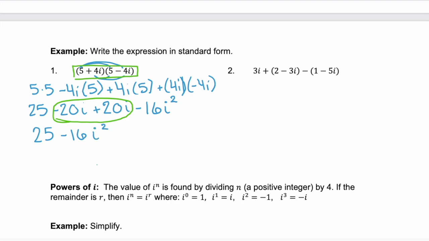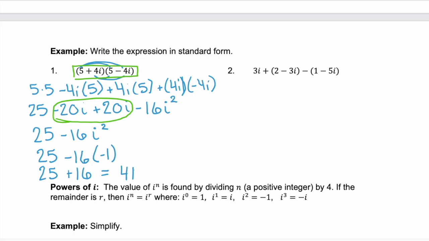But we need to simplify that i squared, right? i squared is the same as a negative 1. So we have 25, negative 16 times negative 1 is plus 16, and 25 plus 16 is 41. So this multiplied out and simplified to just a real number, 41.